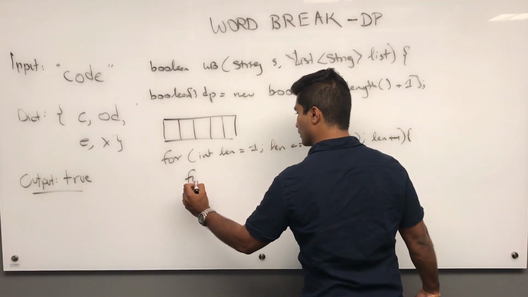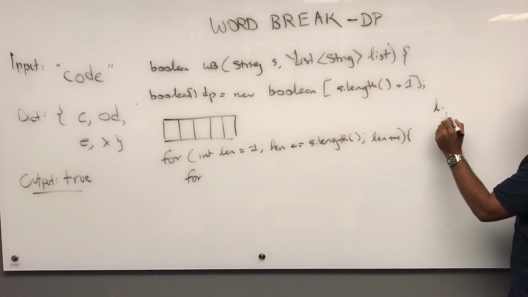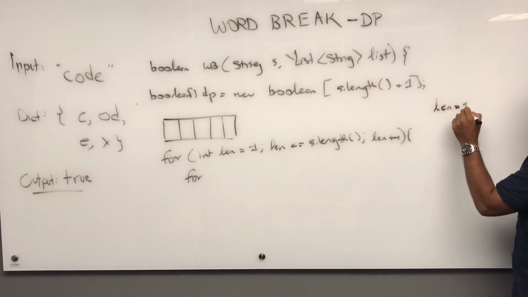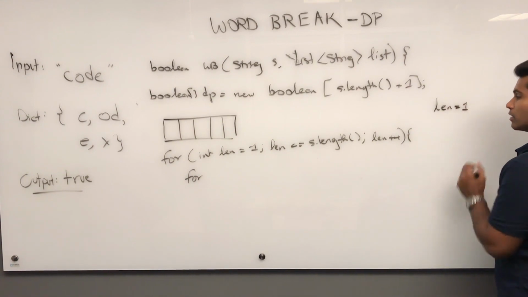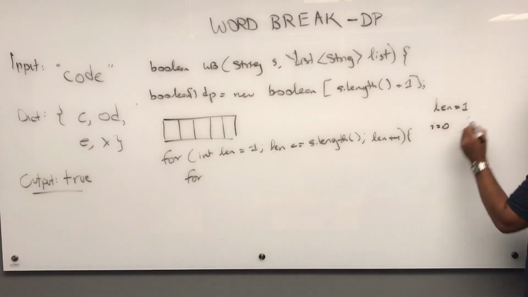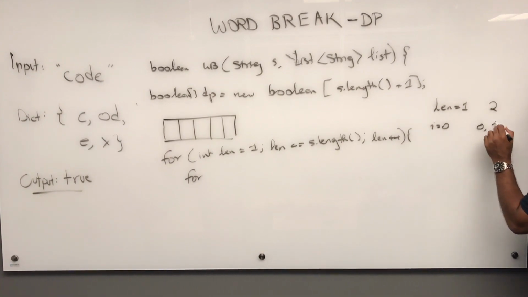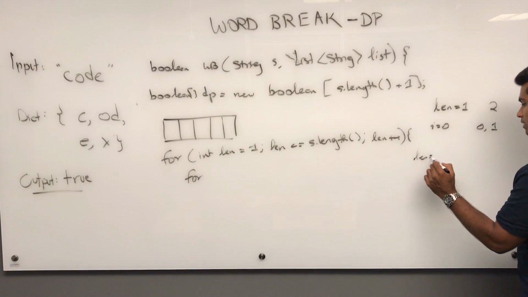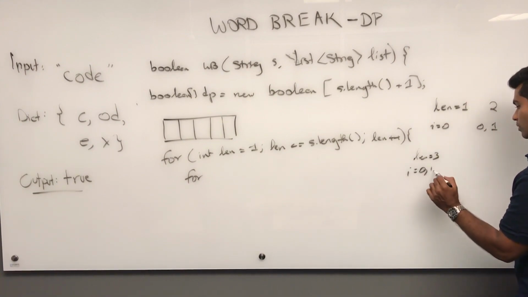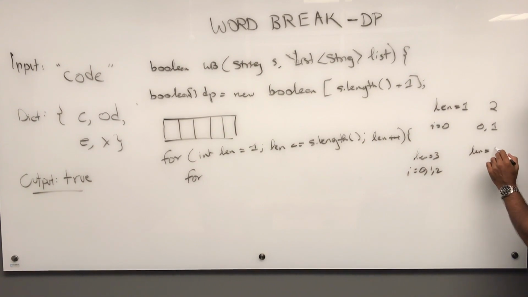And then we're going to do it this way. So for a length of 1, we're going to move the pointer from 0 to here. Then when length is 2, we're going to move the pointer from 0 to 1. Then when length is 3, i is going to go from 0, 1, 2. And length is 4, i is going to go from 0, 1, 2, 3.